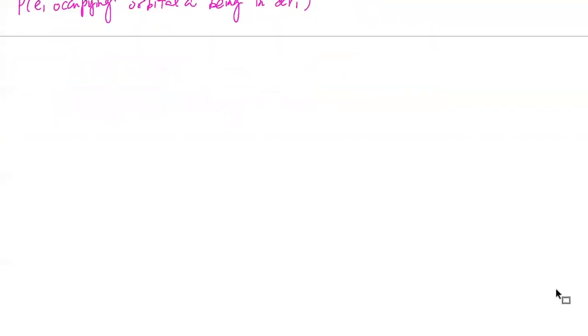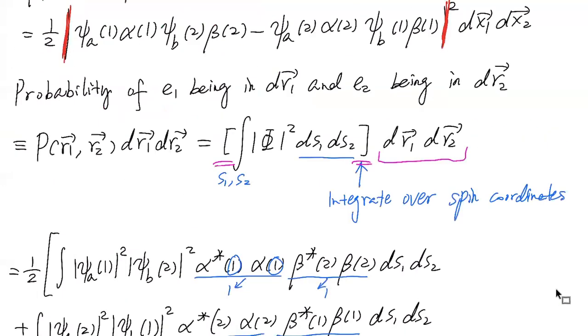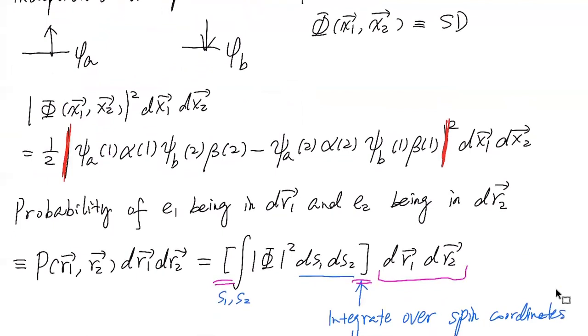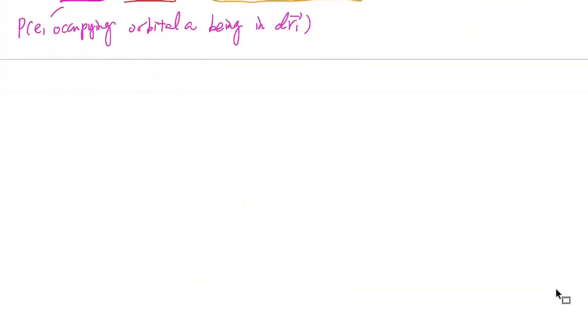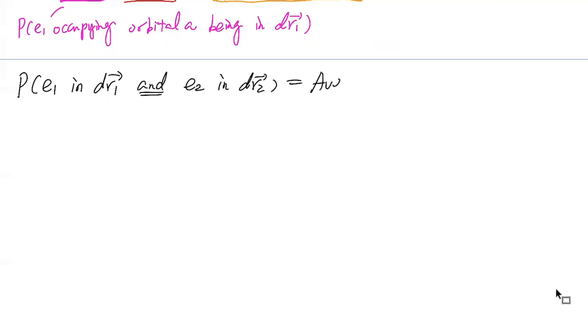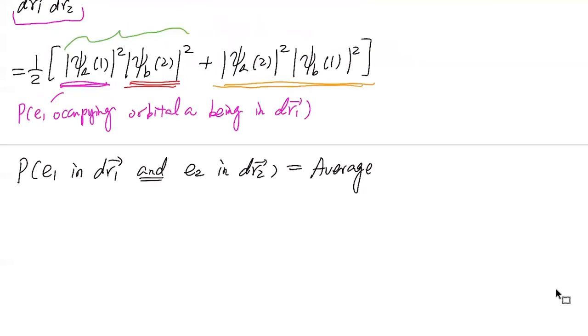That is why, remember, we start from anti-parallel spin, right? We have one up and one down. We have a pair of anti-parallel spin electrons. So in this case, the probability for E1 in dr1 and E2 in dr2 is equal to an average, right? You have 1/2.